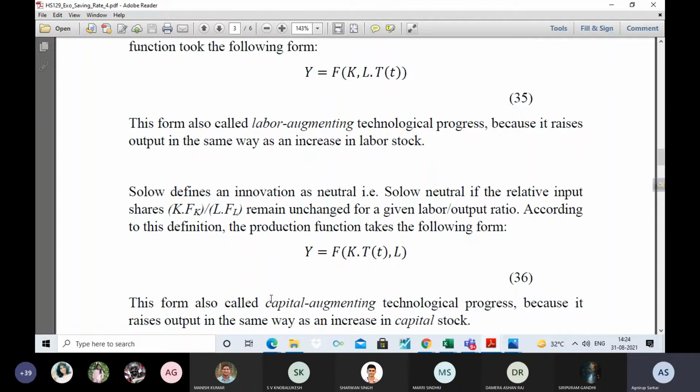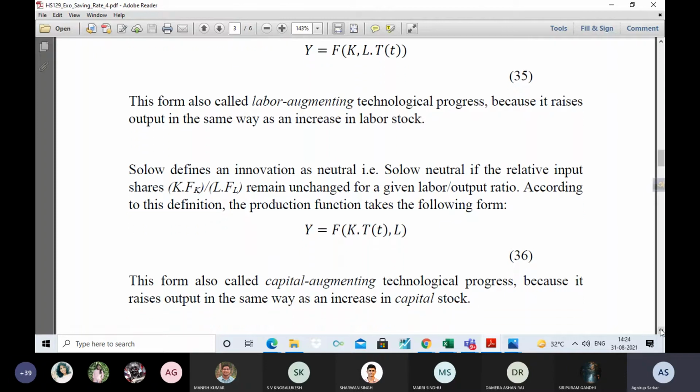Here Solow neutral is capital augmenting technological progress, because a technological improvement increases production in the same way as an increase in the stock of capital. Okay, so that's the idea.